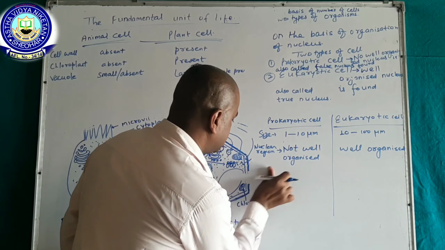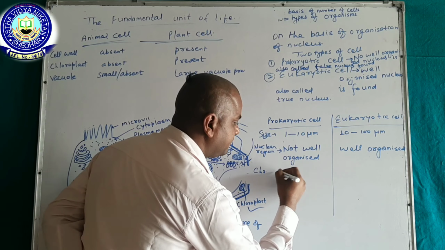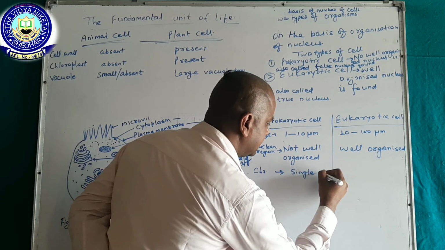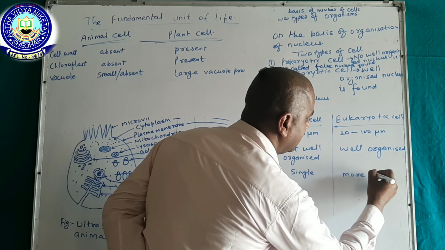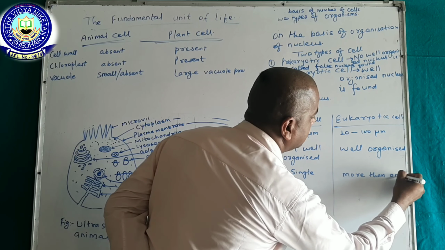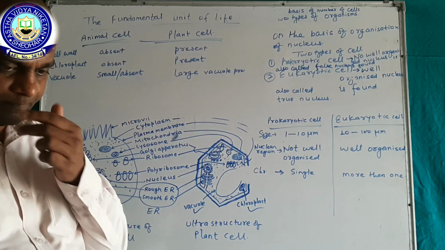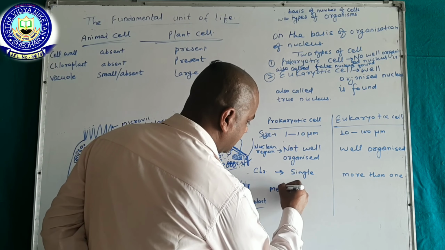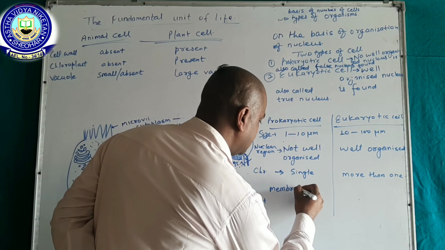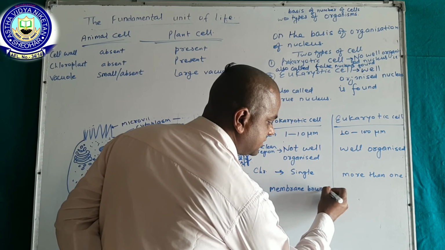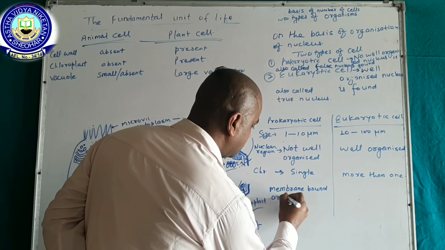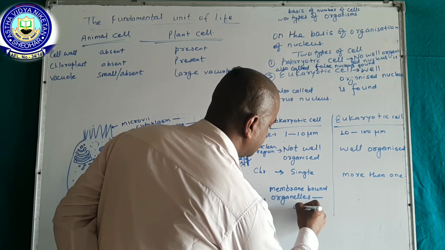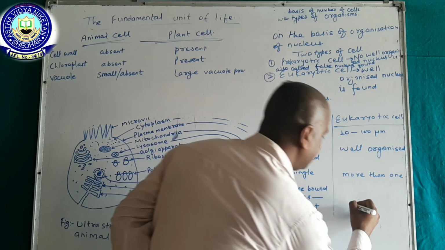Number of chromosomes: a single chromosome is present in prokaryotes, and more than one chromosome in eukaryotes. Membrane bound organelles: absent in prokaryotes, present in eukaryotes.